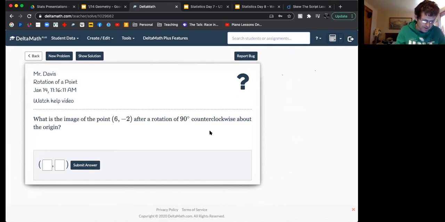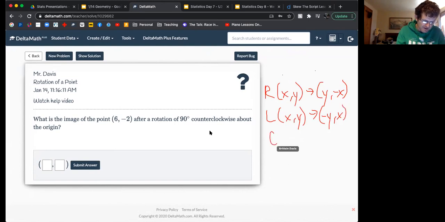So I want to remind you that R of XY gives us Y, -X, L of XY, and I'll label these better in a second, is going to be -Y, X, and C of XY is just -X, -Y.